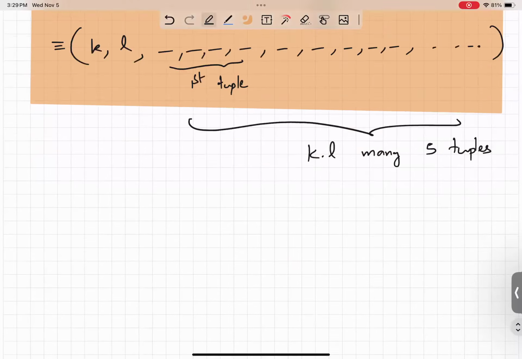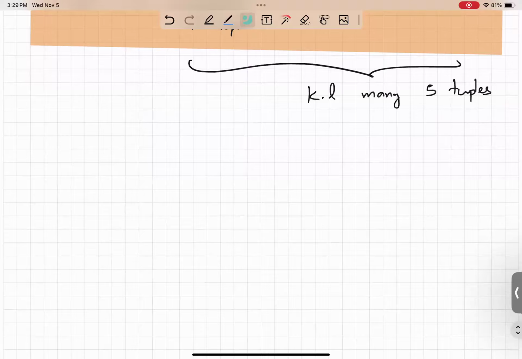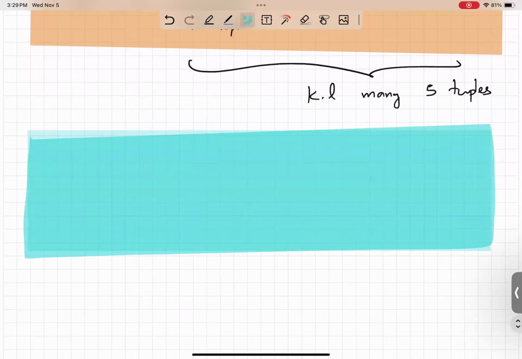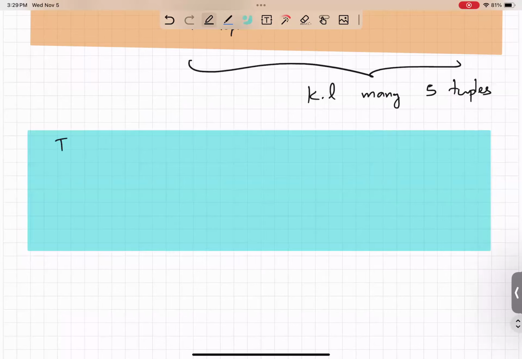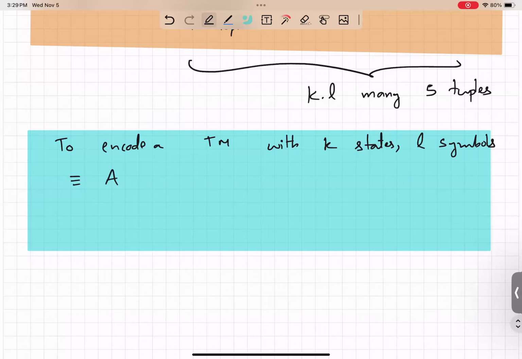Okay? We don't need the length of the encoding, but let's just figure it out anyway. So to encode a Turing machine with k states and L symbols is equivalent to a list of 5 times k times L plus 2 many integers.